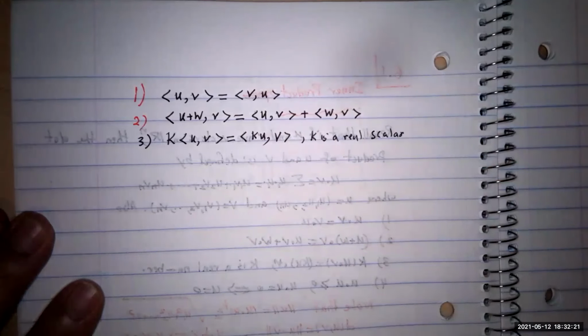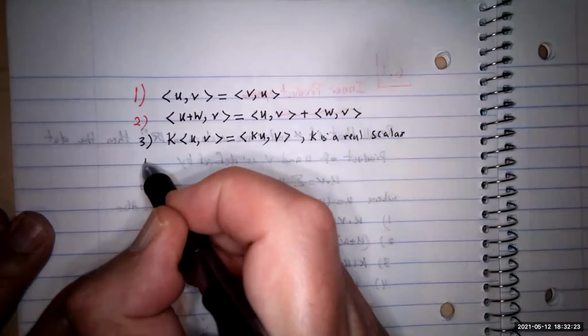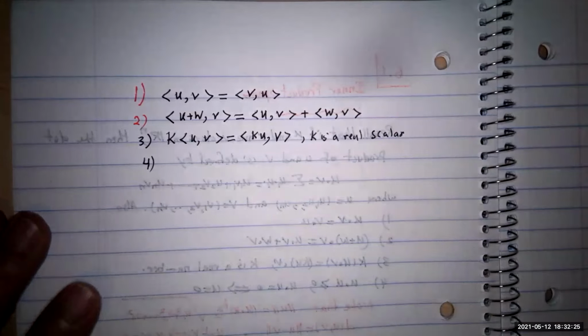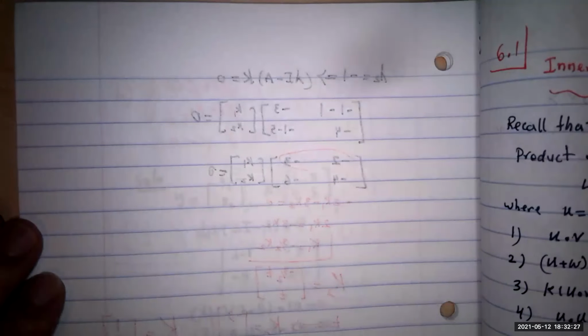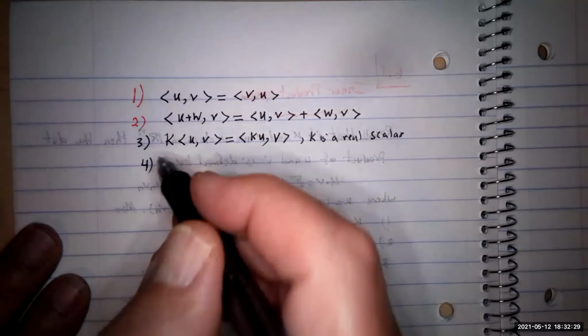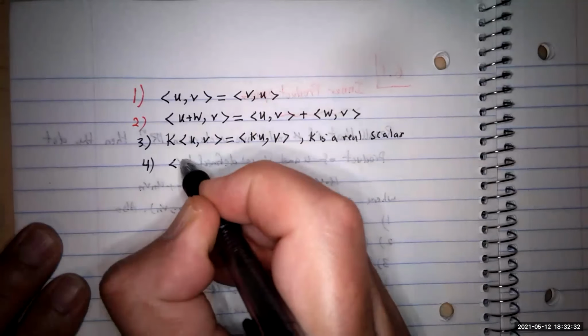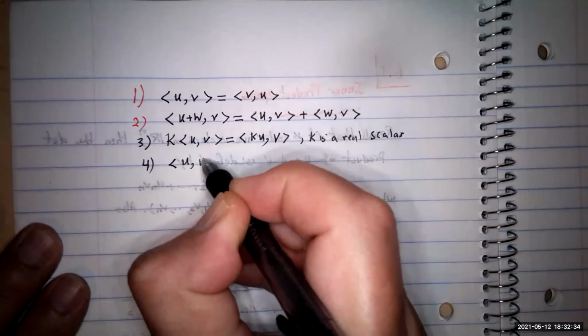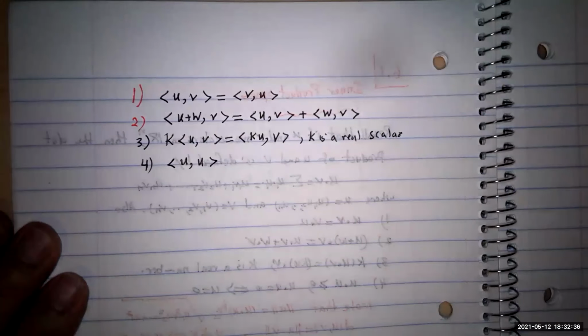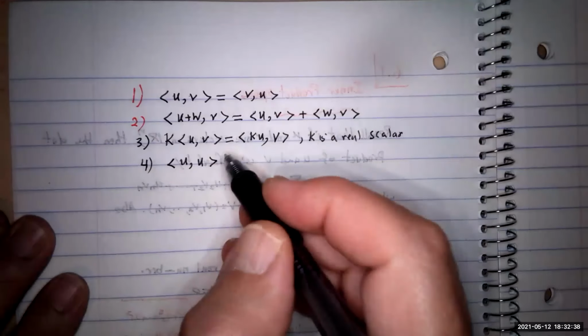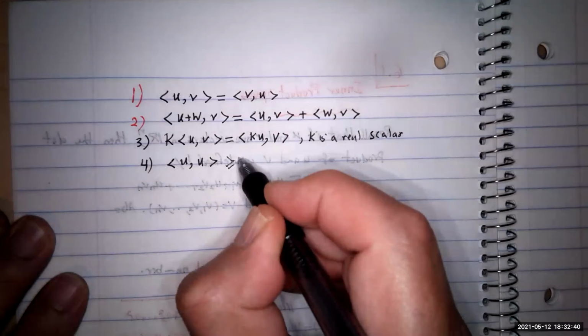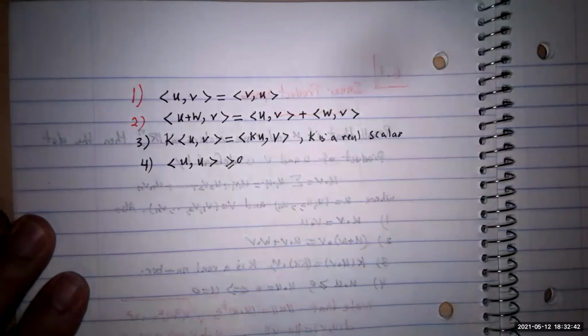And what is the last one? The last one is, if we consider the inner product of u and u, this must always be greater than or equal to zero.